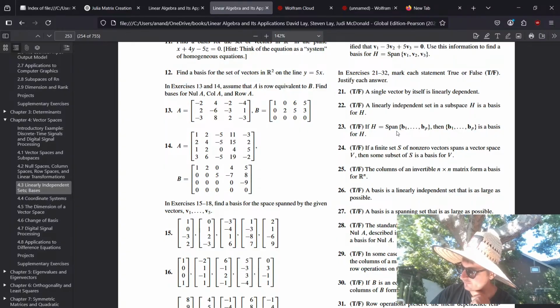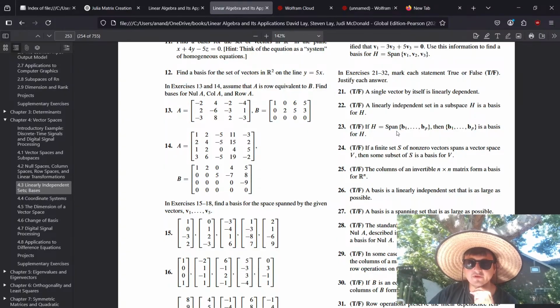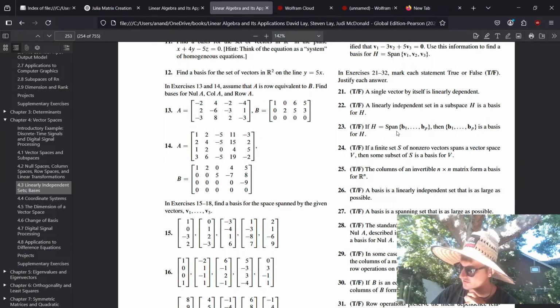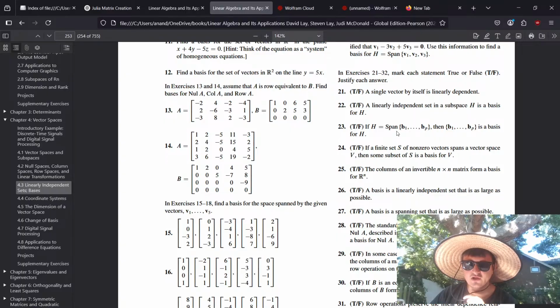Okay, 24. If a finite set S of non-zero vectors spans a vector space V, then some subset of S is a basis for V. That is true. 25. The columns of an invertible n by n matrix form a basis for Rn.